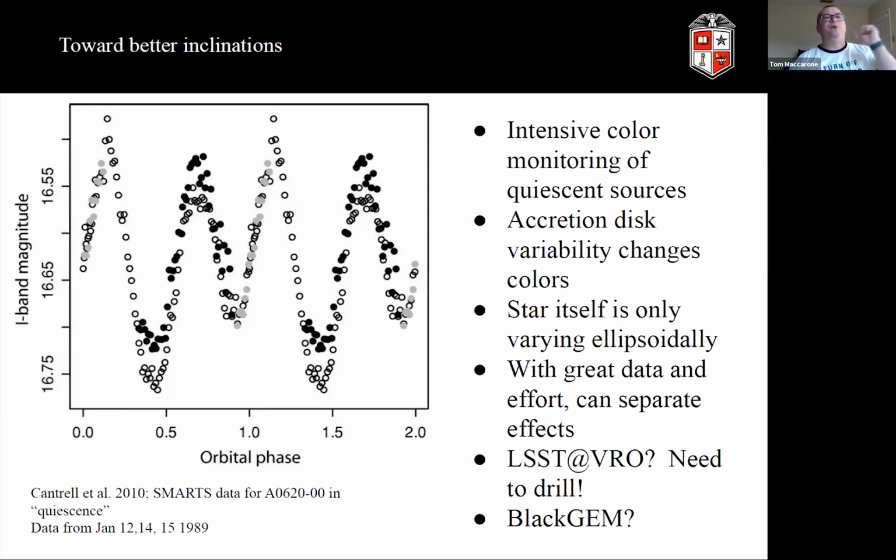So we may need to push for LSST campaigns on certain parts of the sky that are more well-suited for this. Or there may be projects like BlackGem that can just go do this one by one for the individual sources of interest. But we do need to take advantage of the big data time domain campaigns in order to improve the quality of the ability to do ellipsoidal fitting.